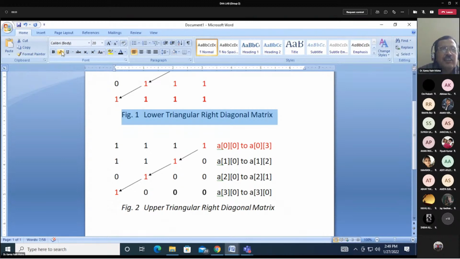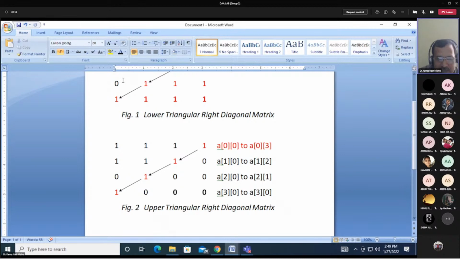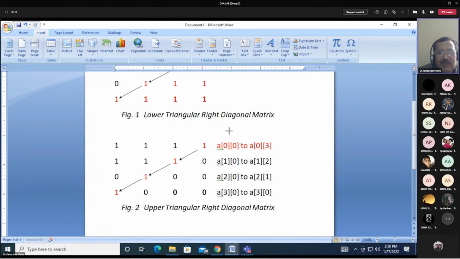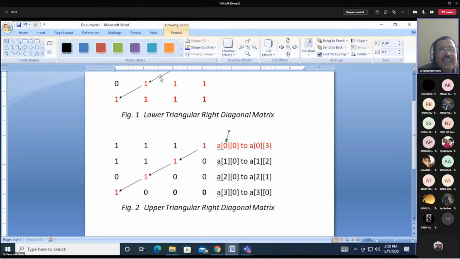According to me, the loop should run from 0 to n minus 1. You see, these are two things. First zero is I, and second zero is J.